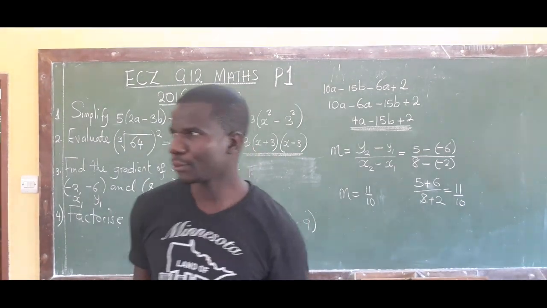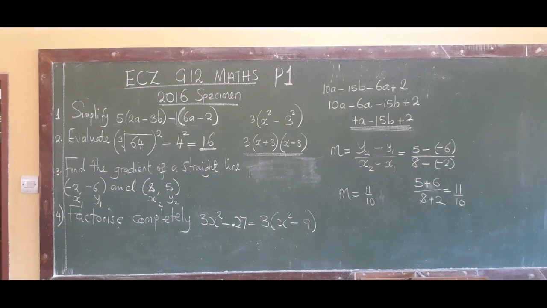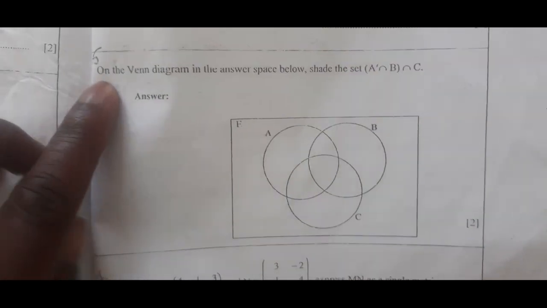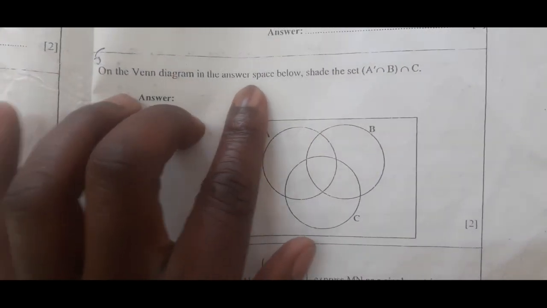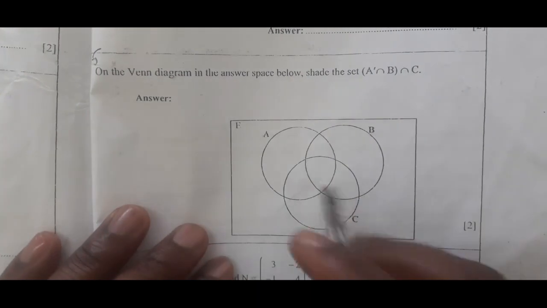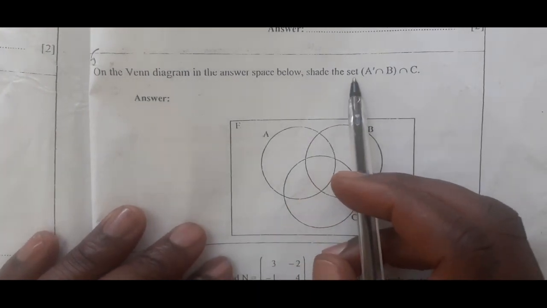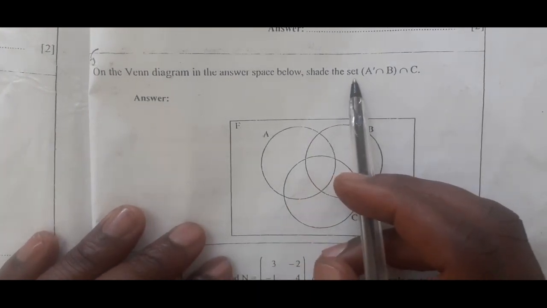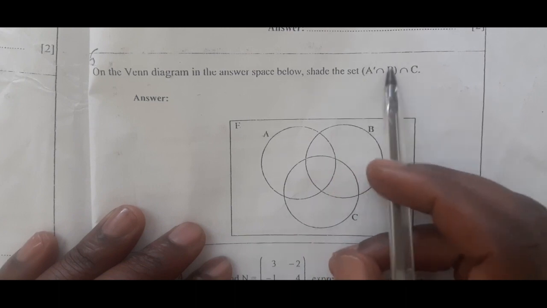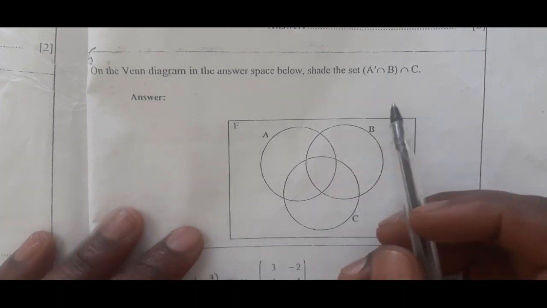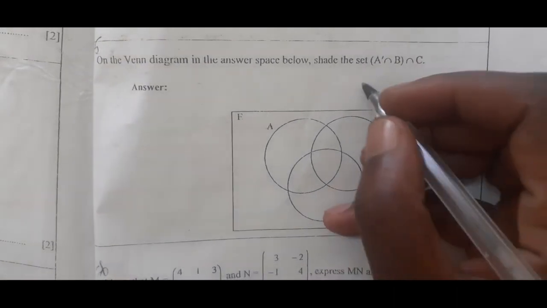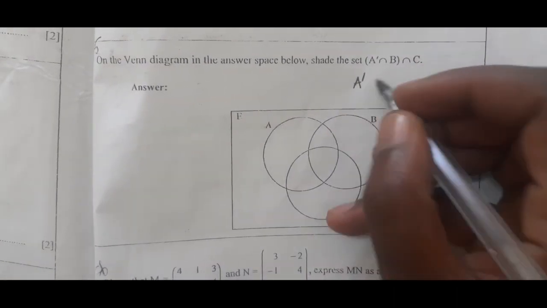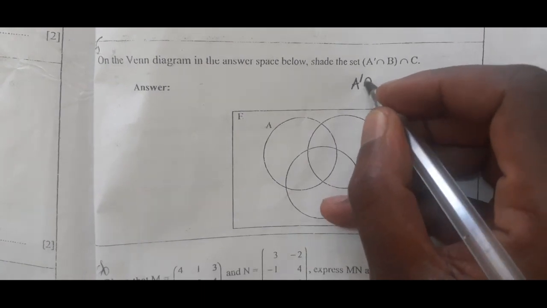So let me take you to question 5. On the Venn diagram in the answer space below, shade the set. Okay, so we have 2 sets.